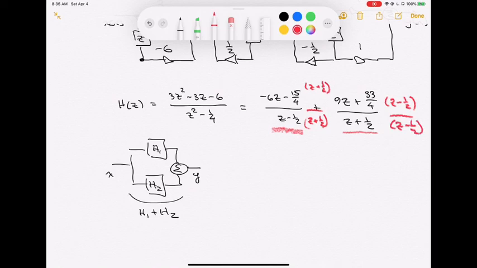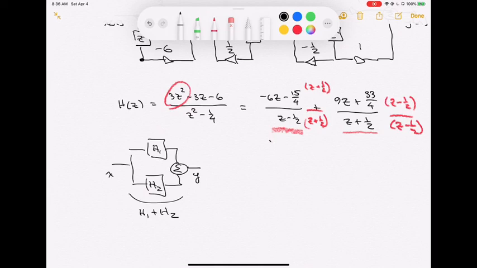The numerator would have a 9z squared, the only z squared term. Add those two together: minus 6z squared from the first one, plus 9z squared from the second one. Minus 6 plus 9 is 3. That's this 3z squared. If you keep doing that, you would find out that all the other terms come out as well. Okay, so I've represented my system now as a sum of two pieces.